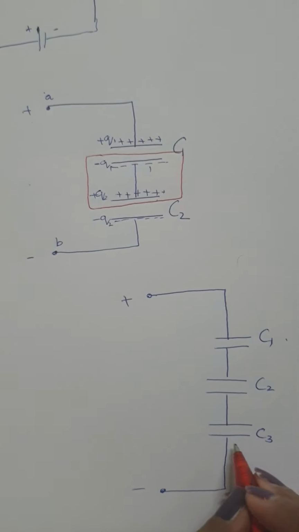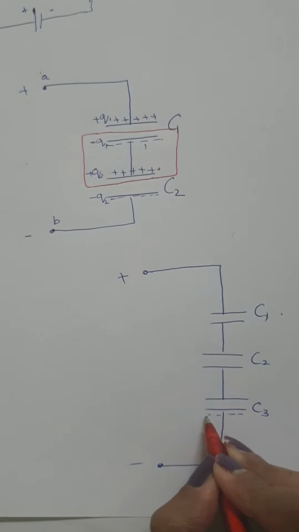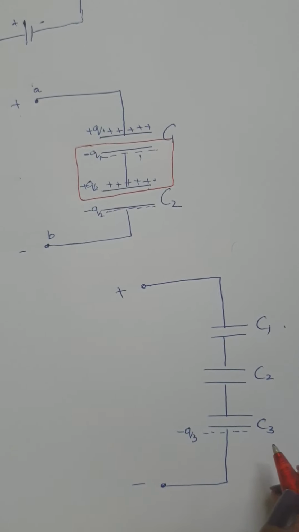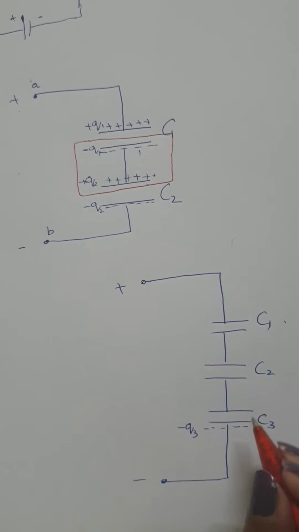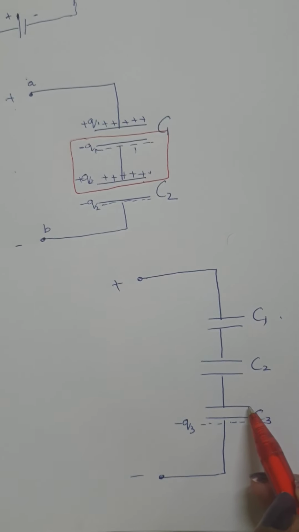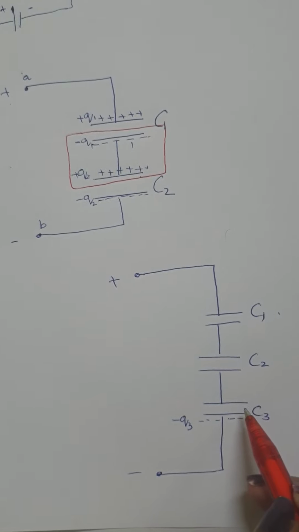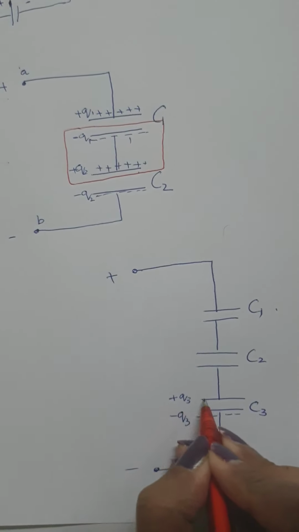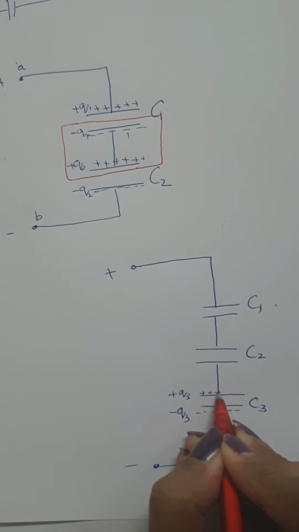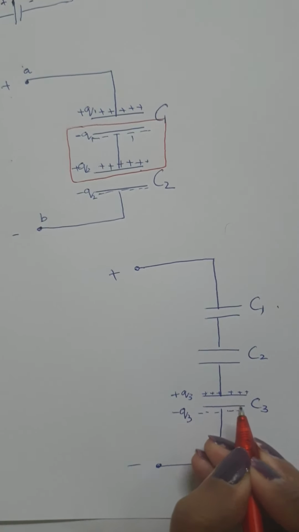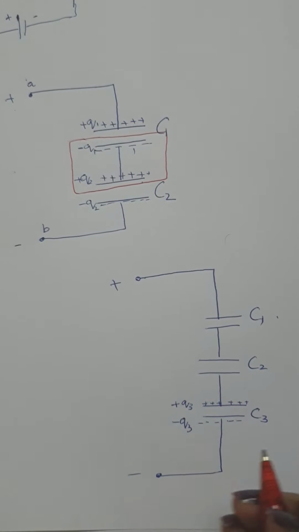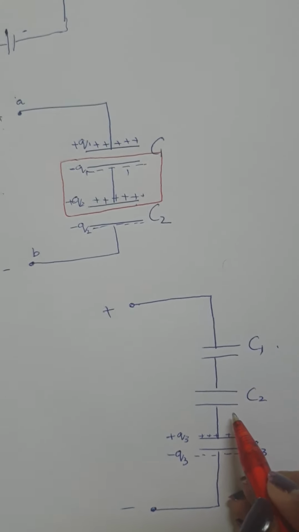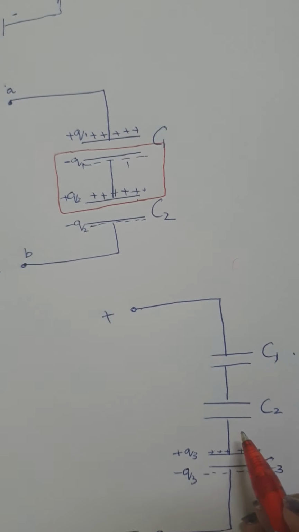This negative plate repels negative charge on the top plate of C3 and leaves a positive charge on the top plate of C3. So this becomes plus Q3. The repelled charge goes to the bottom plate of capacitor 2, making it negatively charged.